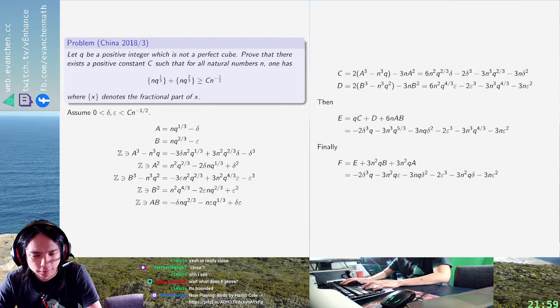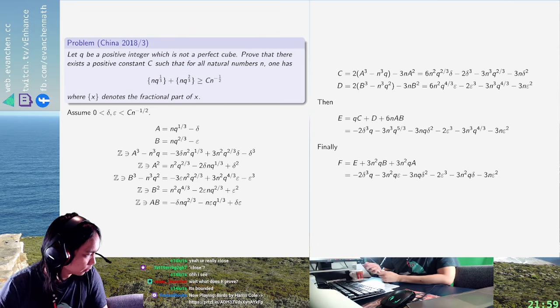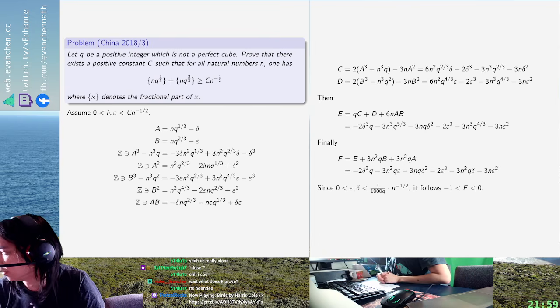Since epsilon and delta are, like, less than, let's say, 1/1000 q times n to the minus a half, it follows minus f between 0. Yep, I think this should do it.